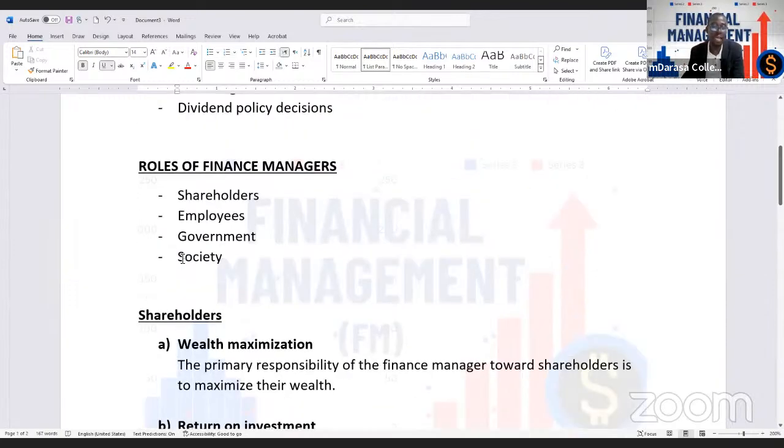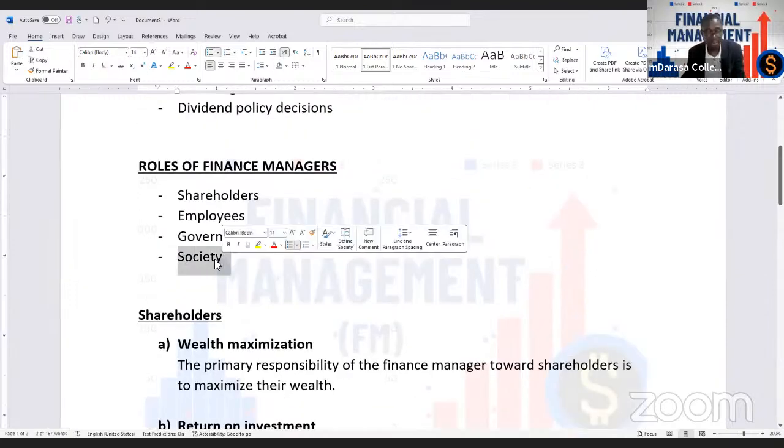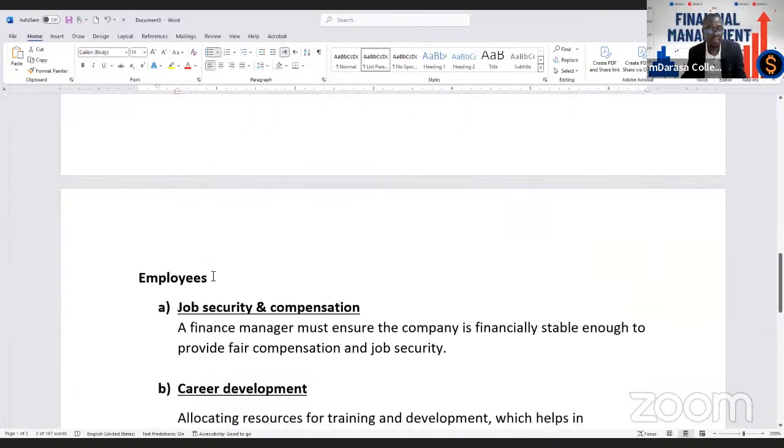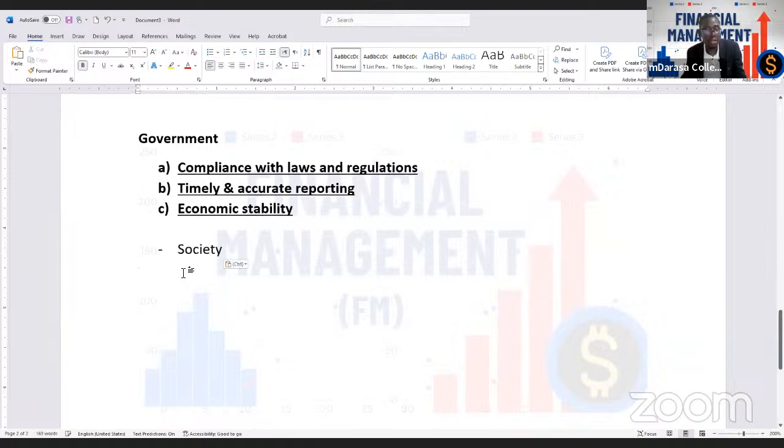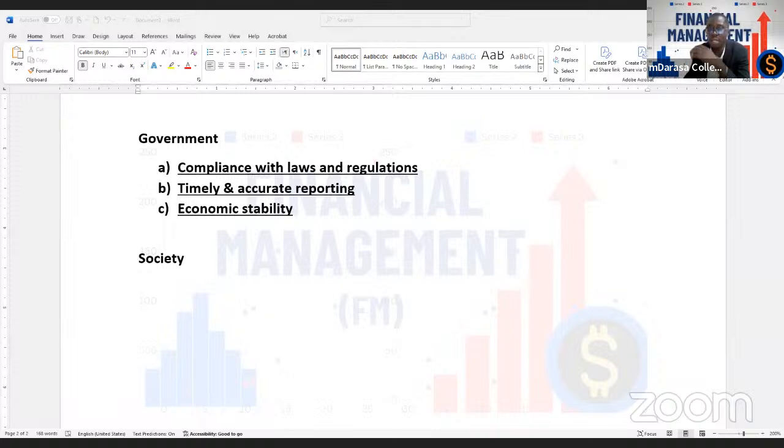We have society here. What about the role of finance managers to the society? This is also another key area that we must always be able to consider and have in mind. When we are talking of society, we're looking at it from a wider perspective, which will include the aspect of CSR, corporate social responsibility, where we expect finance managers to be responsible for aligning their financial goals with the social objectives.